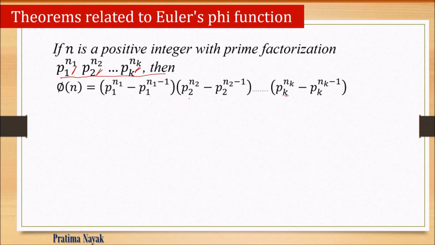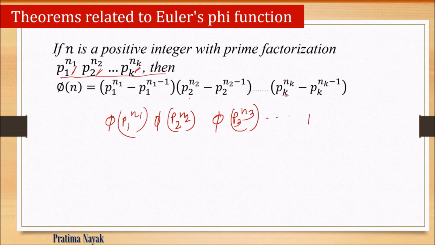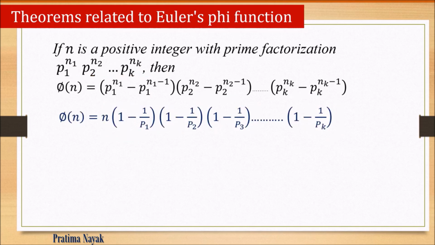That means this is the same as phi of p1 n1 multiplied by phi of p2 n2, phi of p3 n3, and so on up to pk nk. Again, it can be individually written in this form. There is a very useful simplification, a derived formula from this.